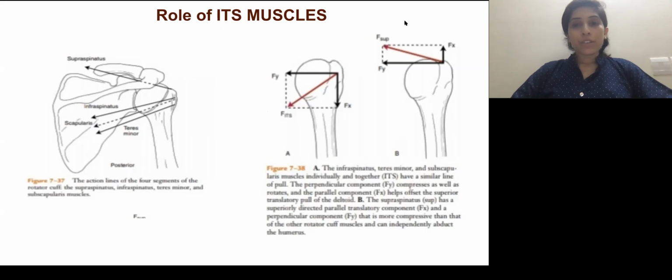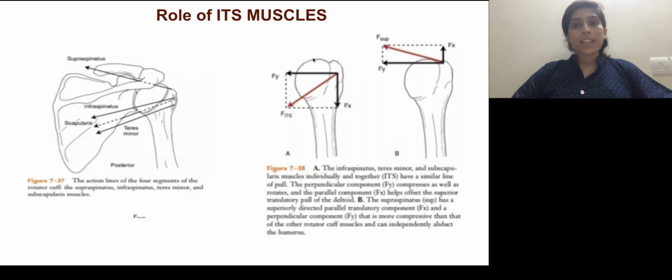So during the abduction motion, the infraspinatus and teres minor produce the lateral rotation, and along with the lateral rotation, they help with stabilization, neutralizing the effect of this Fx force. As a result, smooth abduction motion is possible.